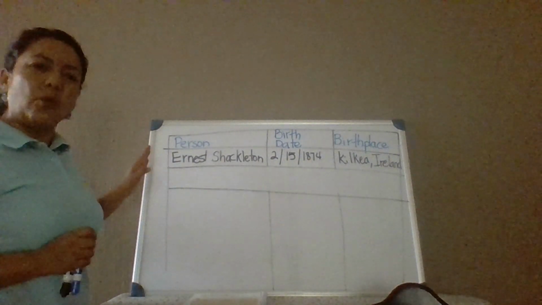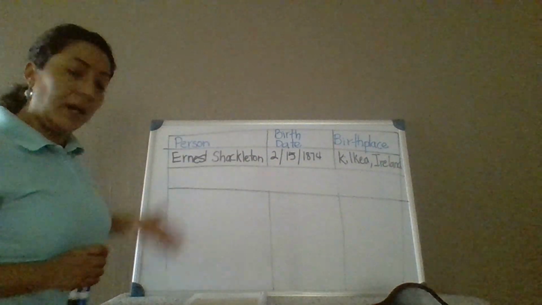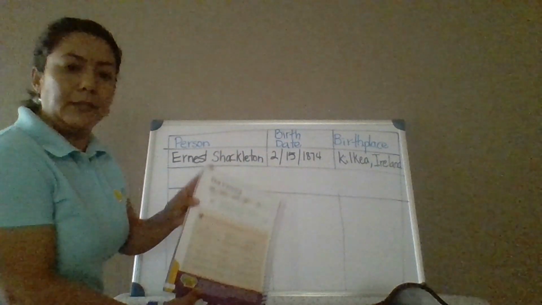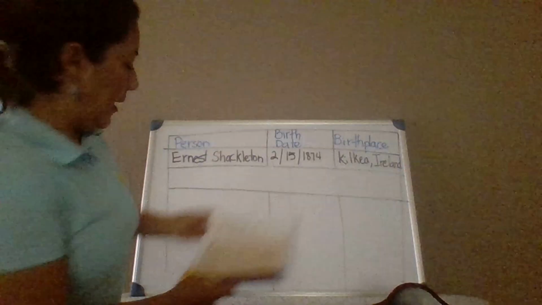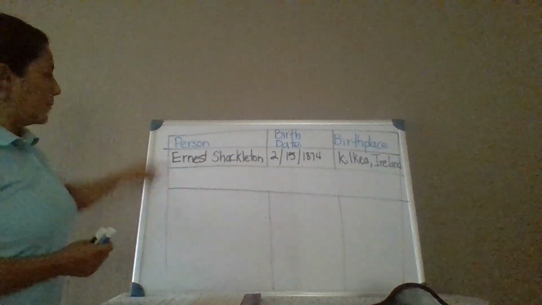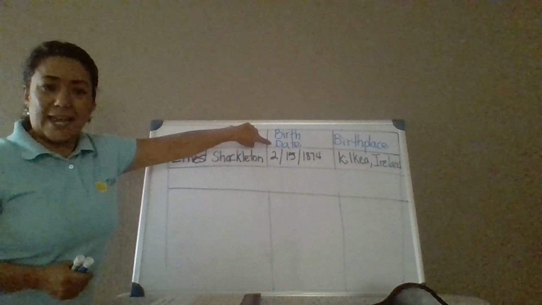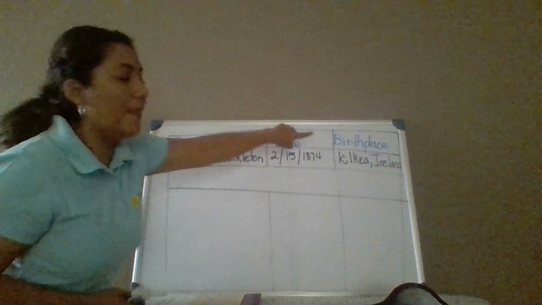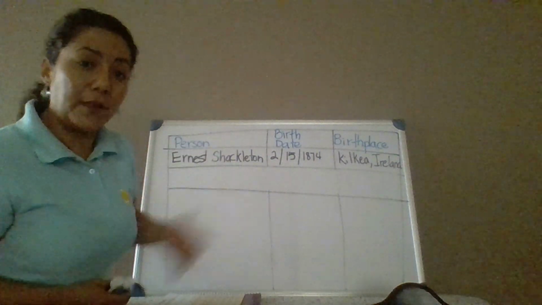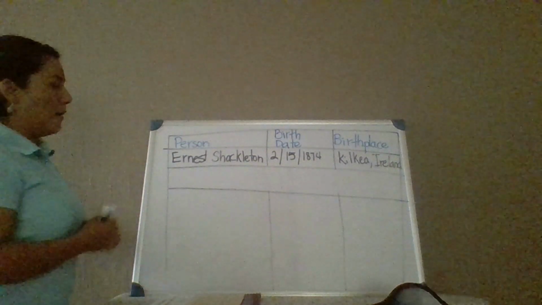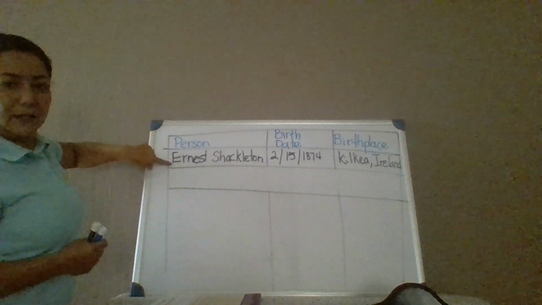But I'm going to explain what they're showing in the chart. This chart right here. Okay, the book says the name of a person, the birth date when the person was born, and the birthplace where that person was born. Now, who is the person?